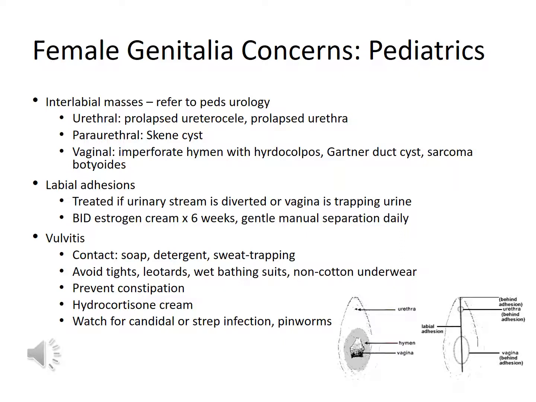You want to do an exam for fungal infections and any pinworms that might like to grow in dark, warm areas, and you can prescribe low-dose hydrocortisone cream for treatment of that.